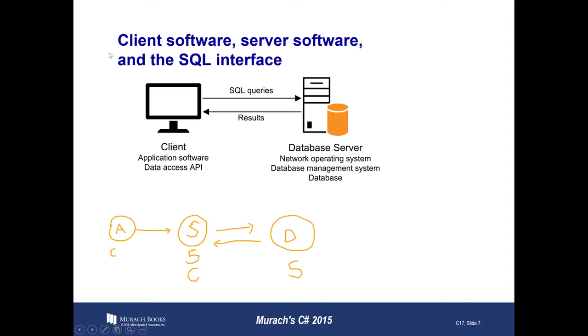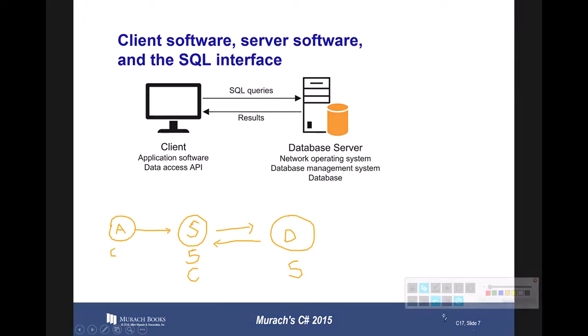Here's kind of what I was showing down here in this diagram, just with a little prettier pictures. So the client, which could be an application software data access API, which essentially is a service, might send SQL queries to the SQL Server database, process those queries, and return results back to the calling server.